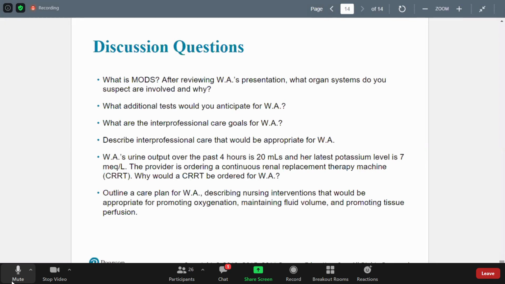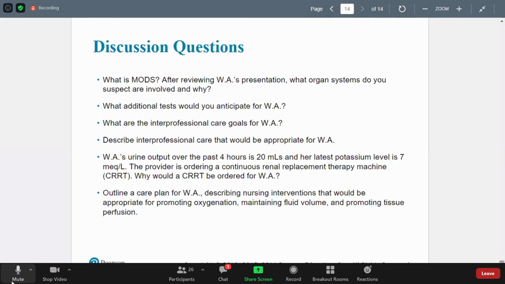Her GI system, she had hypoactive bowel sounds, and then the cardiac system, her blood pressure was elevated as well as her pulse. And neuro. Acute changes in the neurological status with confusion. Oh yeah, we forgot that. Okay, that was the things that were affected.